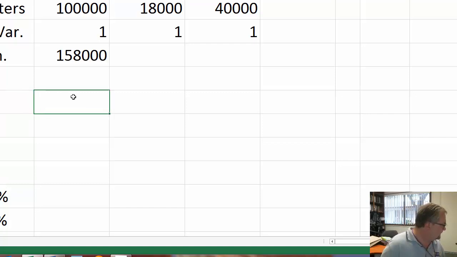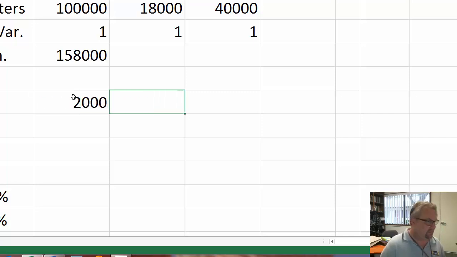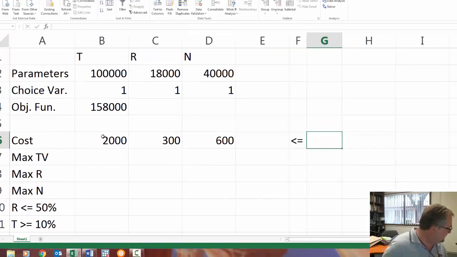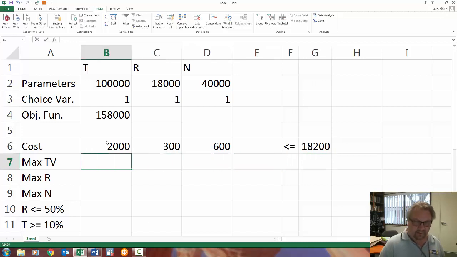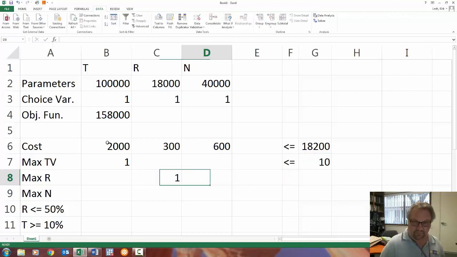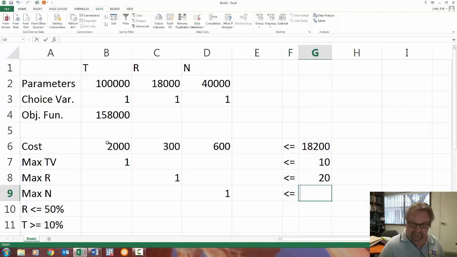Television ads cost $2,000 per ad, radio $300 per ad, newspaper $600 per ad, and that has to be less than or equal to 18,200. For television I can only have 10, for radio 20, and for newspaper 10.